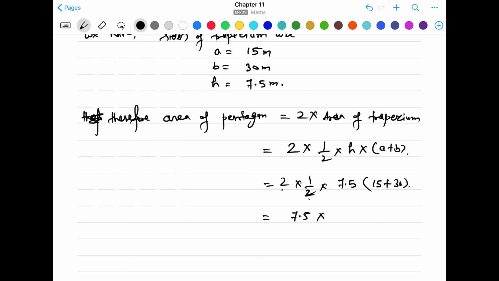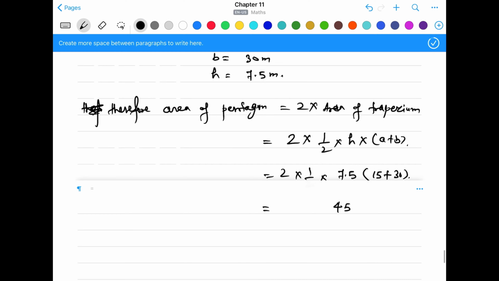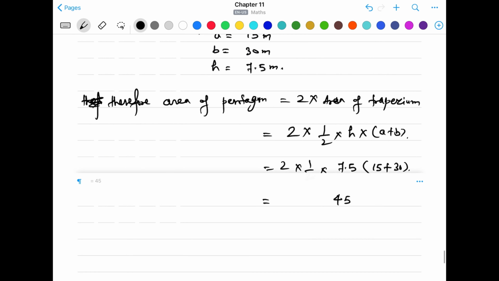What we are left with is 7.5 into 30 plus 15 will be 45, and this 45 into 7.5 will be equal to, okay, let's multiply. After the multiplication we get the result as 337.5 meter square. So that's the area of this pentagon using Jyoti's diagram.